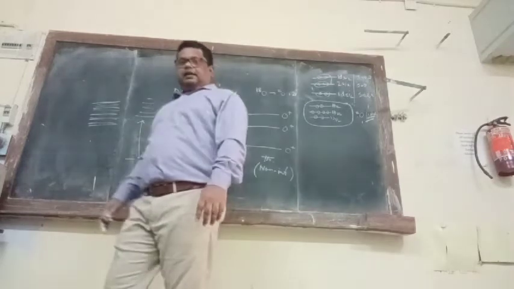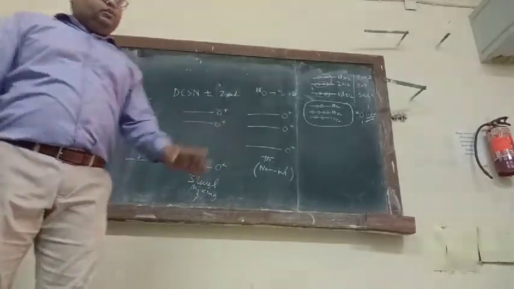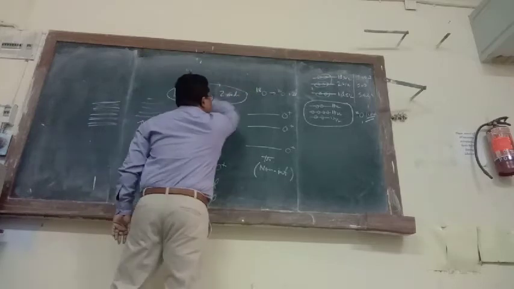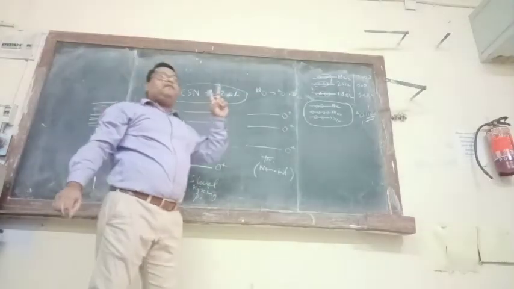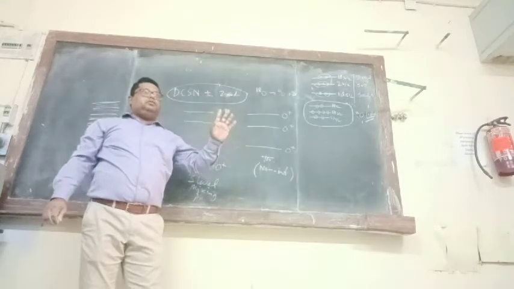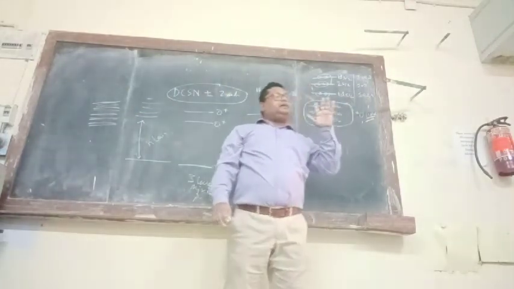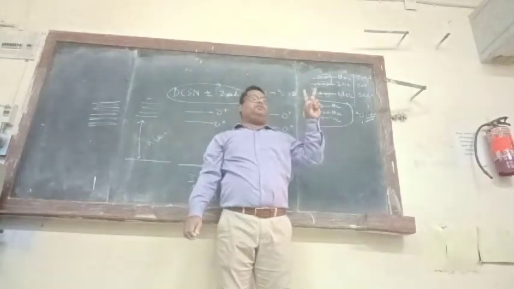So what does this tell us? Just considering this simple case of 2 nucleons, I have now shown you the effect of residual interactions, and that also in 2 different ways.